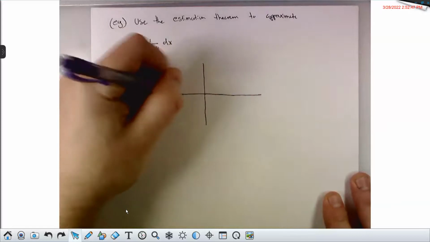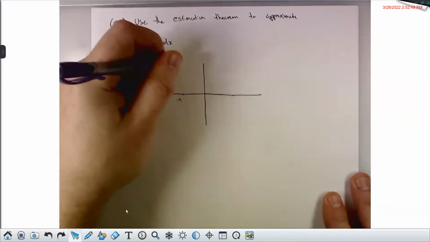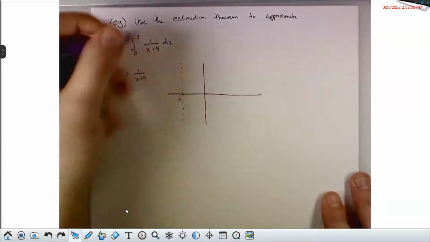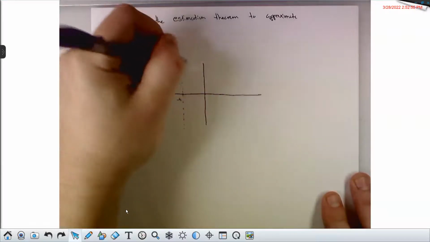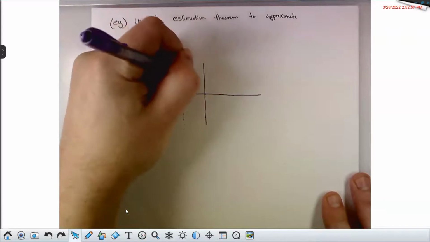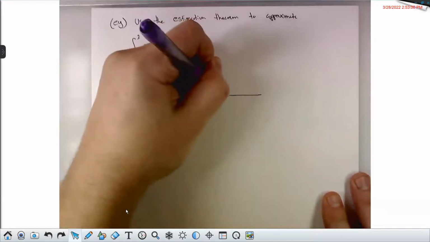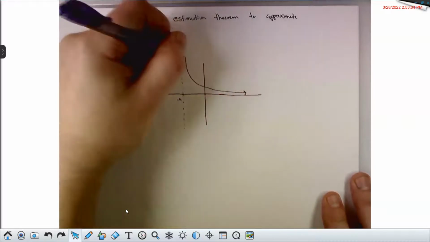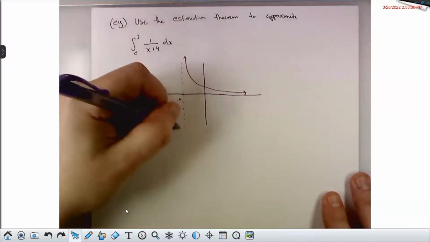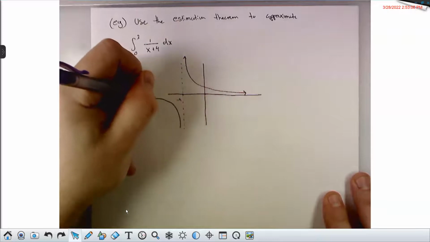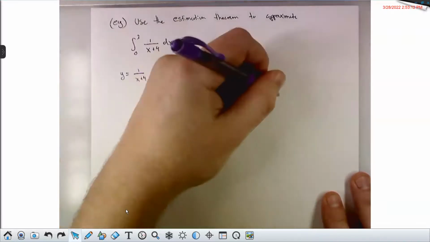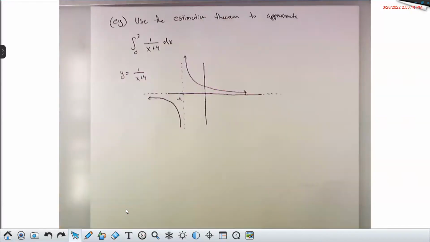So we'll call this over here -4. And then 1 over x shifted like that looks like this. We do have a horizontal asymptote y equals 0 that we're approaching, but this is good.